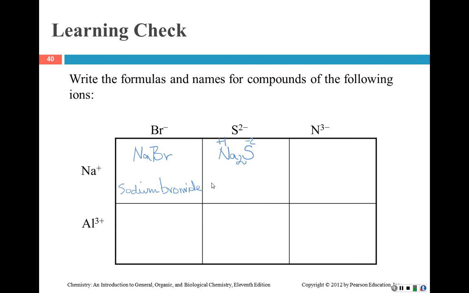And that would be sodium sulfide. Sodium nitride. The nitrogen is a -3. Sodium is a +1. So we're going to have how many of that? 3. So we're going to have Na3N.